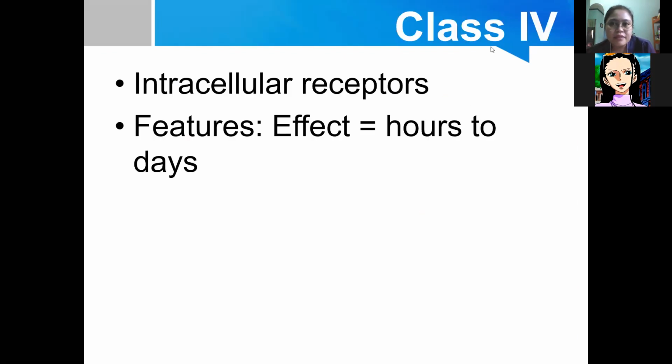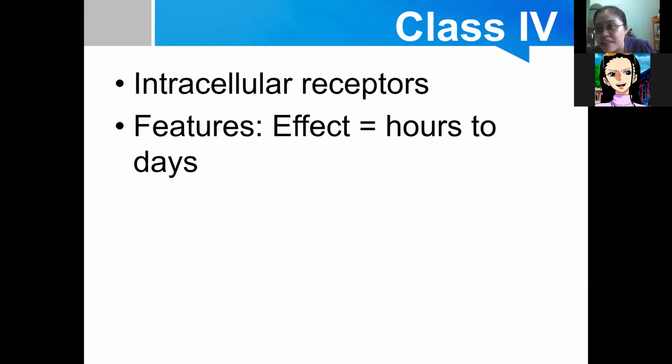And then, pag ma-activate na siya, then there will be cellular responses. Okay? And then, we are down with the last subtype of receptor, the class 4. Itong class 4 receptors, they are intracellular. What do you mean by intracellular? Nasa loob ng cells. So again, if kani ang mga receptor na target nato, we need our drug to pass through the cell membrane and dapat makasulod jud sila sa cell.